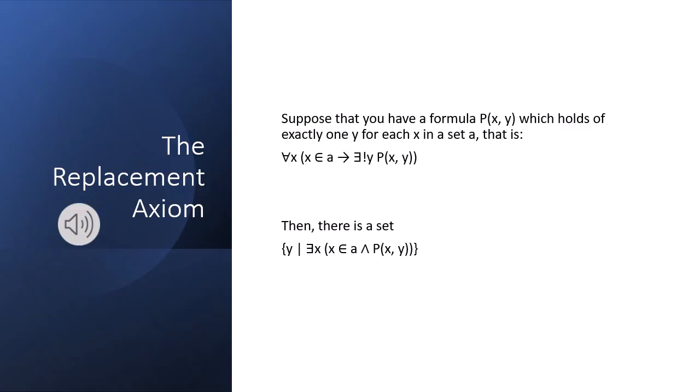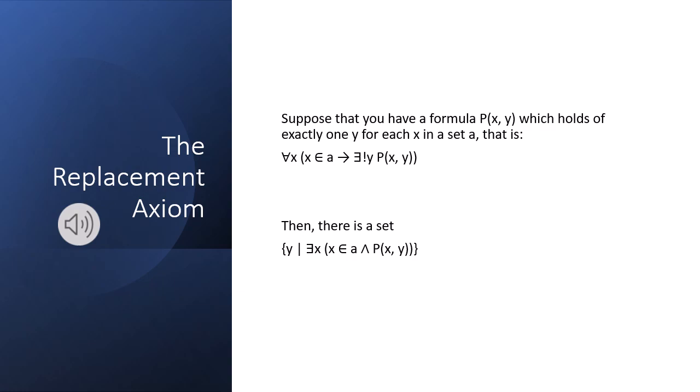The last axiom that we adopt for ZF is called the replacement axiom. And just like separation, it turns out that it's actually an axiom schema. So for every well-formed formula P of xy, we'll get an instance of this particular axiom.